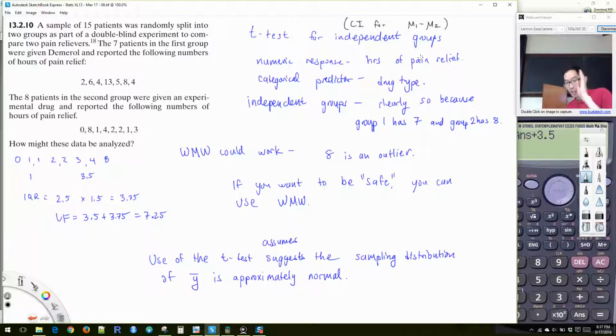But we could categorize it into underweight, normal weight, overweight, and obese. Is gender related to BMI?